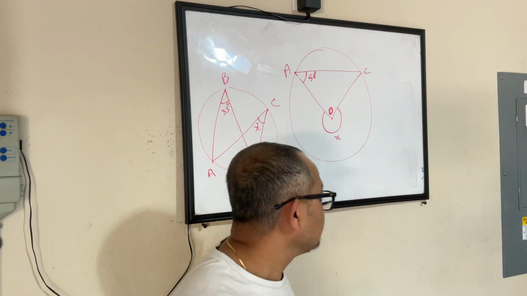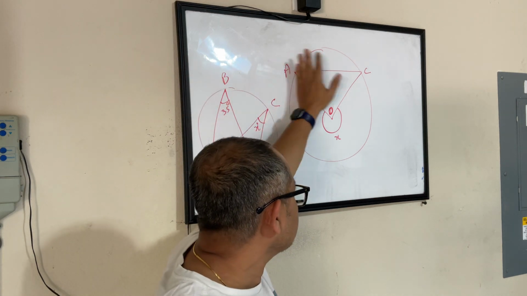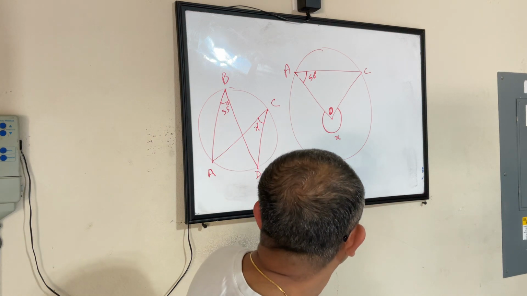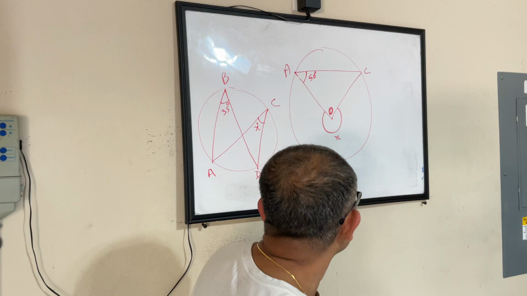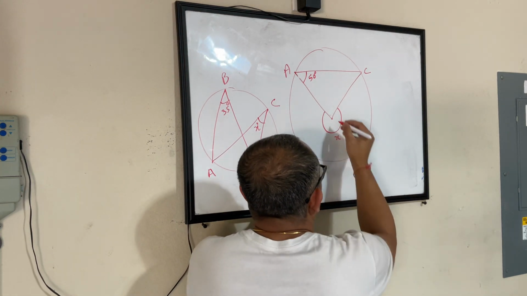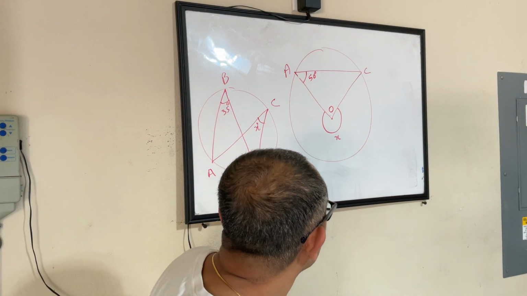Okay, so we know that, ignore whatever is here on this side, just here. Oh wait, what does the middle letter say at the center? O. Oh yeah. So we know that O to A to C creates 50 degrees, and since O to A is the radius, we know O to C would be the same.